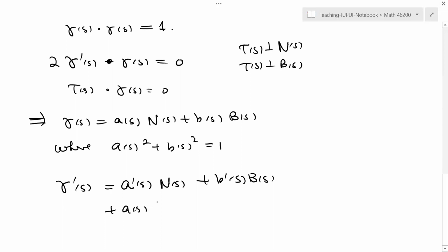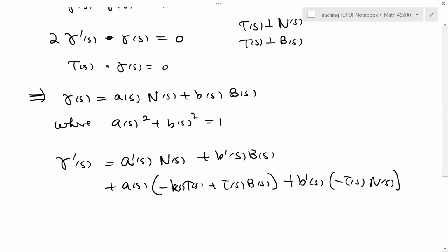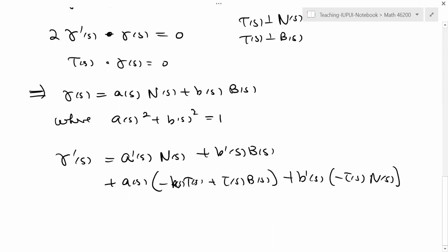What is N prime? N prime is negative kT(s) plus τB(s). What is B prime? B prime is negative τN(s). Let's simplify it, grouping them together. Only one term is T(s), so it's negative a(s)k(s)T(s).